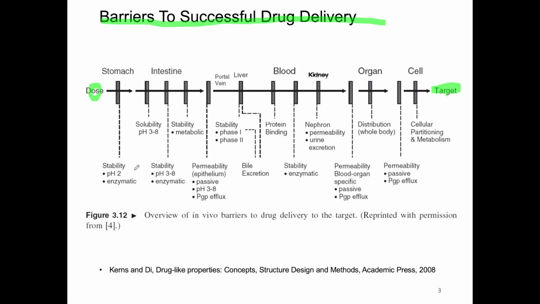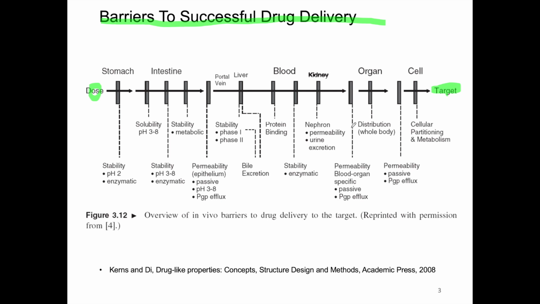And so there are many membranes, there are many pH effects that drug molecules have to survive past. They have to circumvent the liver and the enzymes responsible for phase 1 and phase 2 metabolism. They have to negotiate protein binding within blood, and whether or not they're going to be excreted into the kidney.